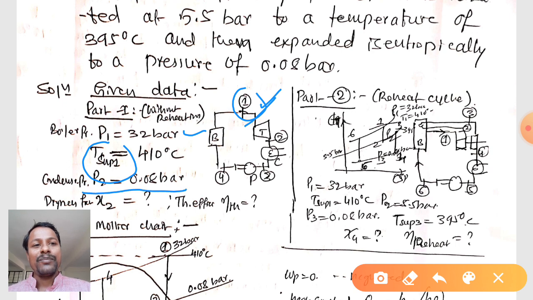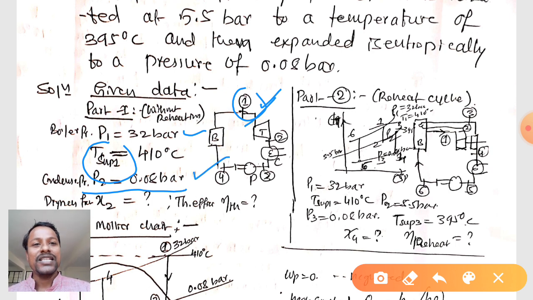I will write it as P2 equal to 0.08 bar pressure, because for the first part of the problem the turbine outlet pressure is P2, which is also equal to P3, because the condenser is an isobaric process where pressure remains constant. So I can write P2 is equal to 0.08 bar.